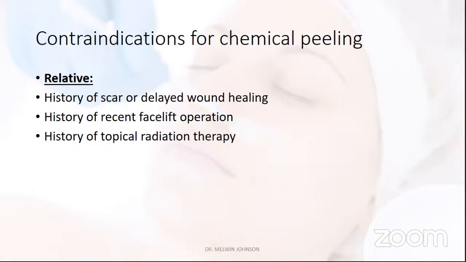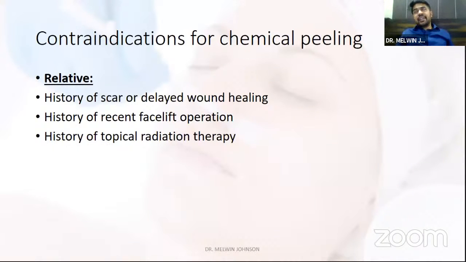If there is any history of the patient taking isotretinoin, isotretinoin is a vitamin A analog that is used to treat acne. It shrinks the sebaceous glands. It works in that way, and it makes your skin dry, and that is how you get rid of acne with the help of isotretinoin.